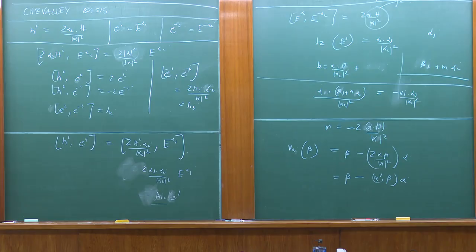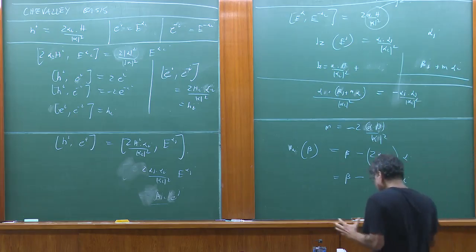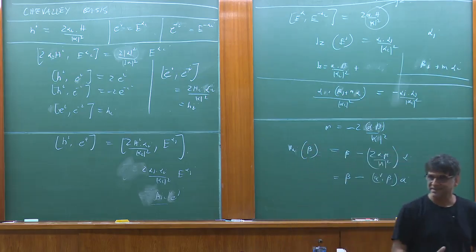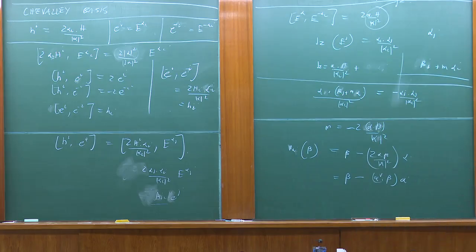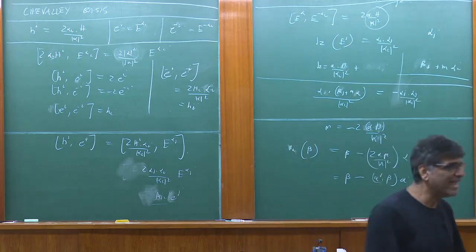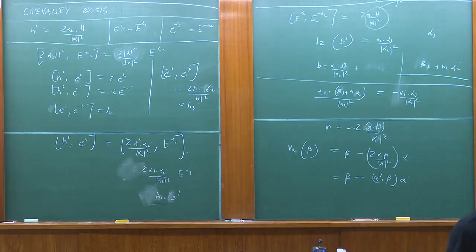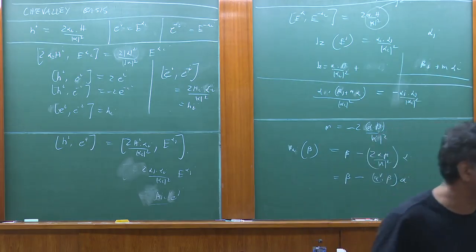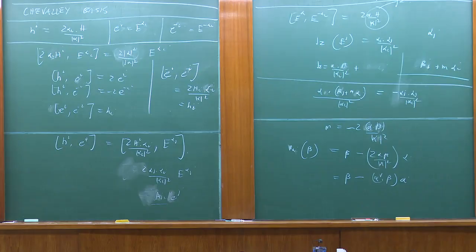So the group mapping roots to roots, generated by the reflection of some other root, is sometimes called the Weyl group, and it is a very important group in the study of group theory.